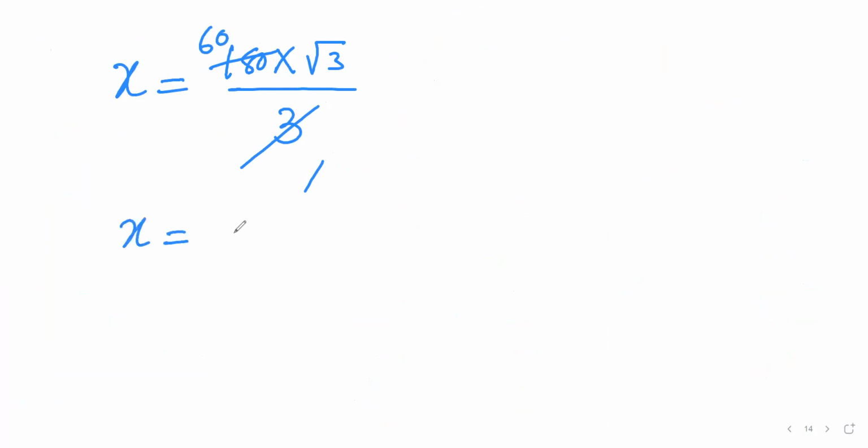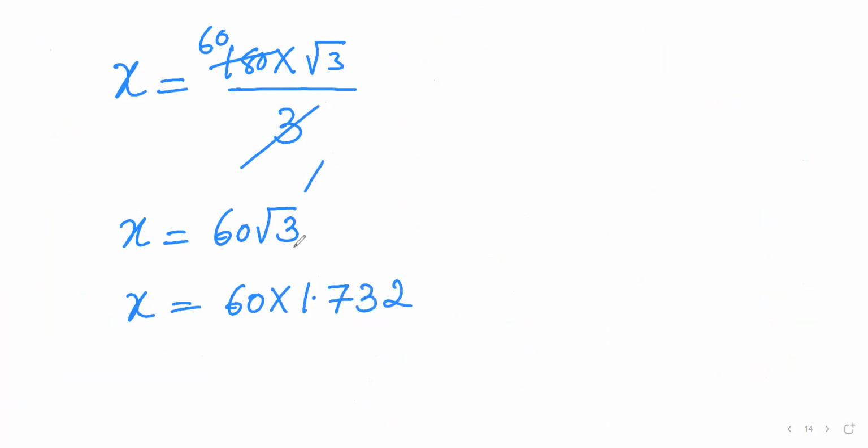So x equals 60 into root 3, that is x equals 60 into 1.732, because root 3 value is 1.732. Then x equals, if you simplify this, we'll get it as 103.92 meters.